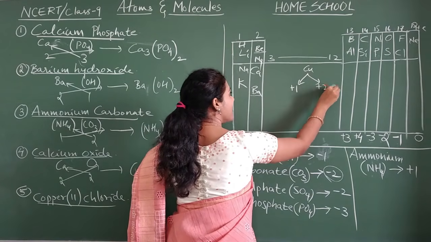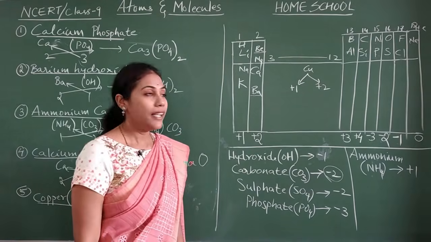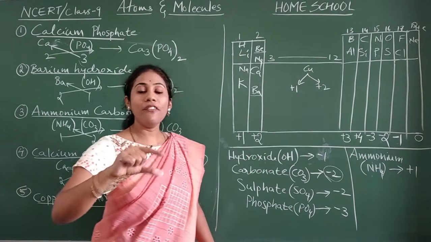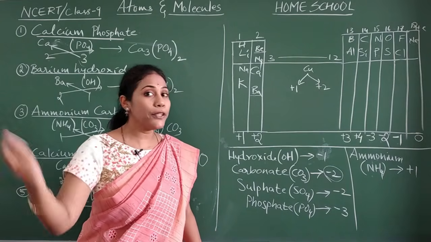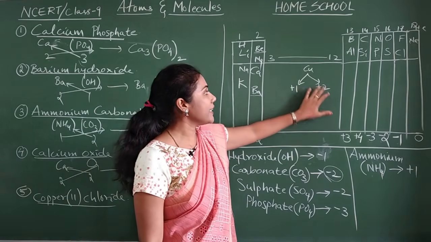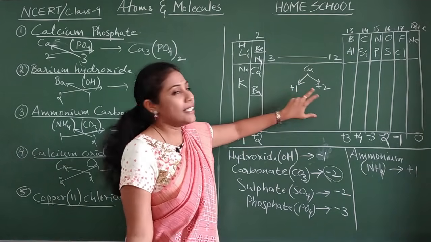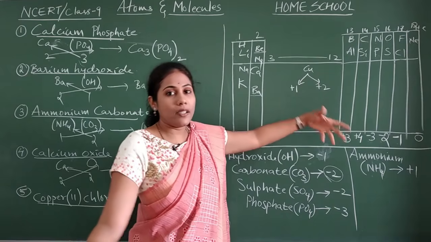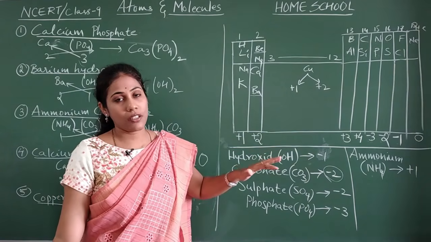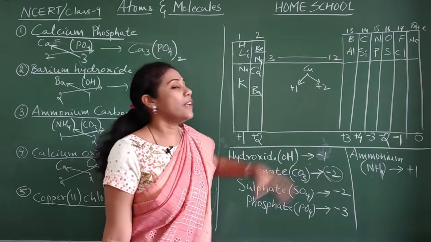It can have a valency of plus 2. Whichever elements come in this area will have 2 or more valencies. Copper can have plus 1 or plus 2, meaning it can lose 1 electron sometimes, and 2 electrons sometimes, during a chemical reaction, depending on the conditions. So it can have 2 valencies.